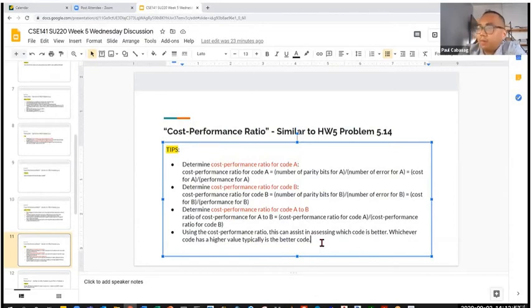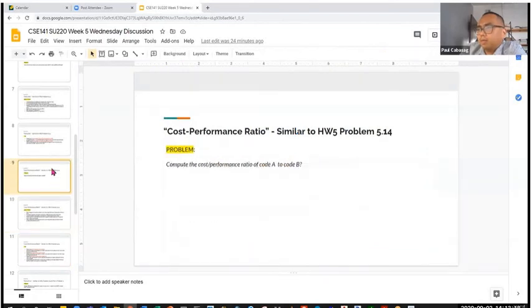I think from what I got is whichever code has a higher value. Typically, this is the better code in terms of this ratio. So which one has a higher value? That would be the better code. So that's a question that you might come across.